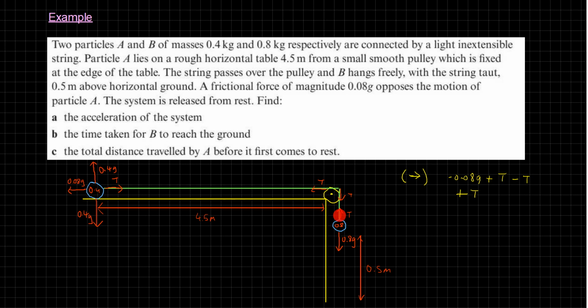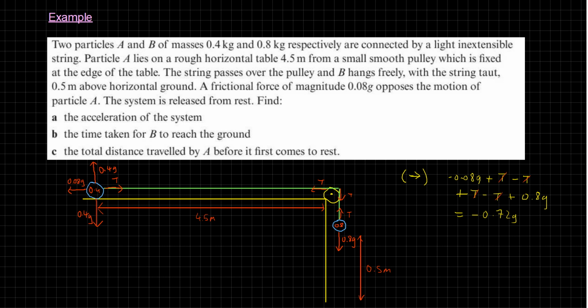Then we've got this one here, so that's minus t. And then we've got this 0.8 g, which is effectively going right. And add all that together, and you've got minus 0.72 g, because all those t's, in fact, just cancel.